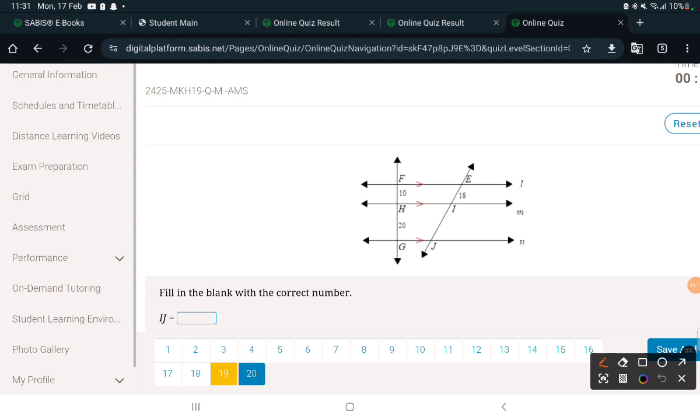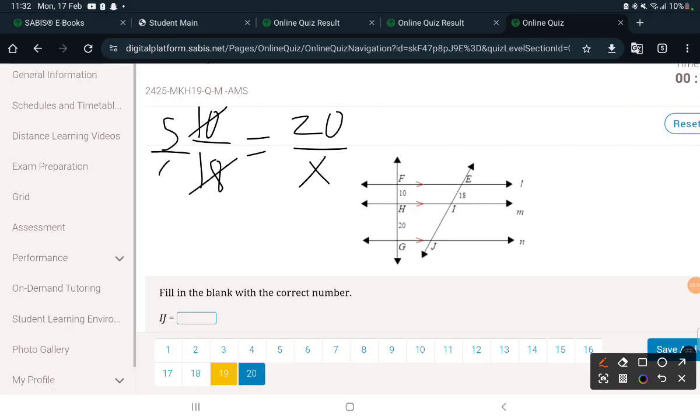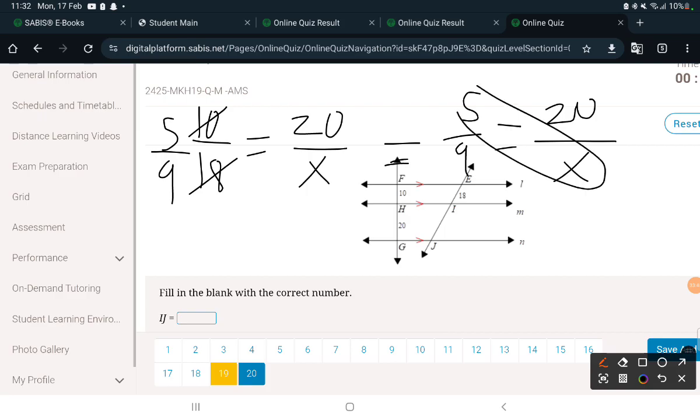Yeah, so 10 over 18 equals 20 over x. Divide by 2, 5 over 9. So 5 over 9 equals 20 over x. Cross multiply. 9 multiplied by 2 is 18, and then add the 0. 5 multiplied by x is 5x.